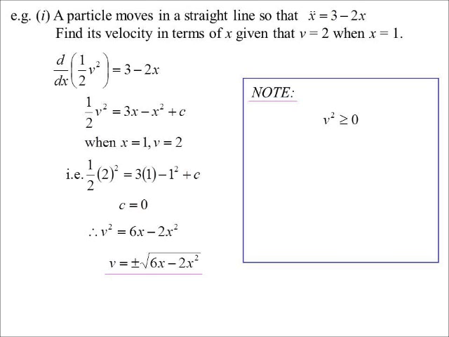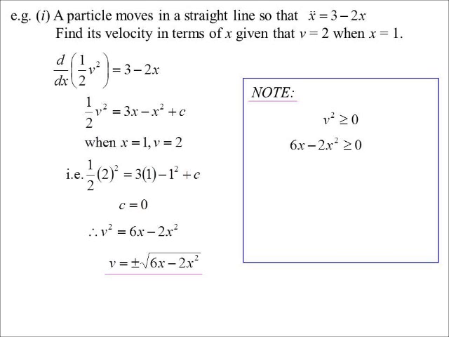Okay, so things to note here. I know that velocity squared obviously is always going to be greater than or equal to 0. Or another way of thinking about that is whatever is under the square root sign has to be positive. So that's a way we can actually work out the path of the particle. Because I know 6x minus 2x squared must be greater than or equal to 0.